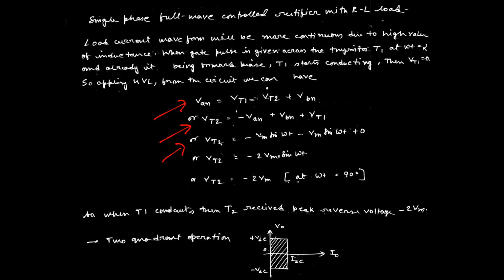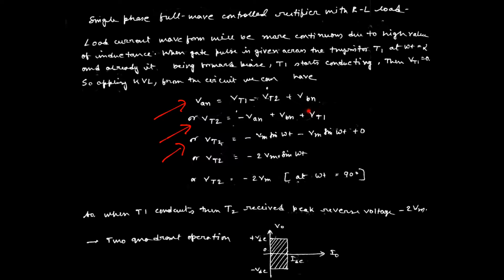That is why VT2 should be equal to minus Vm sin omega t minus Vm sin omega t. This minus term is due to the presence of this one, and this minus term is because it is the reverse bias. As the lower voltage is VNB, and we have defined VBN, the expression can be defined by minus Vm sin omega t.